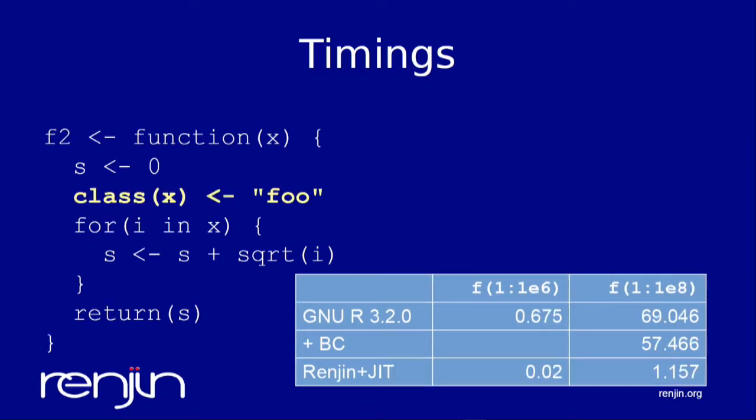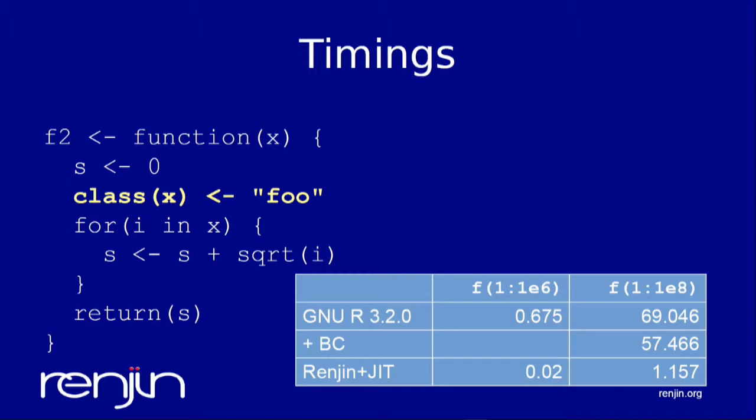If you add attributes, that becomes even more expensive, because now you have x with class S is foo. Then every time you have that loop iteration, you've got to do a lookup to see if there's an S3 method. Is there a foo.plus?